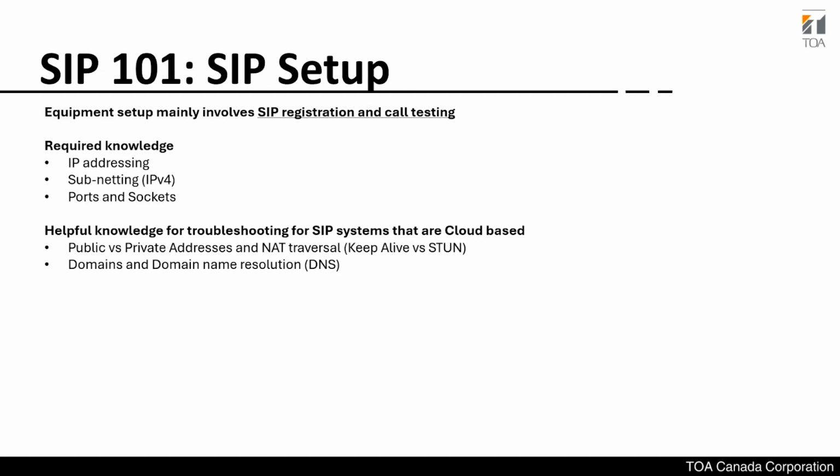We discussed the required knowledge previously: IP addressing, subnetting, and port sockets. Also, helpful knowledge for troubleshooting, when you use a cloud-based system, is what type of NAT traversal is being used.